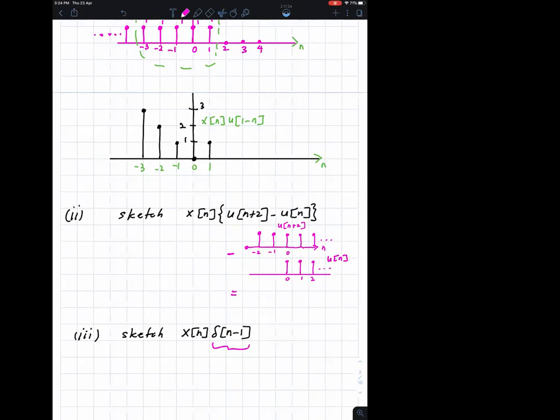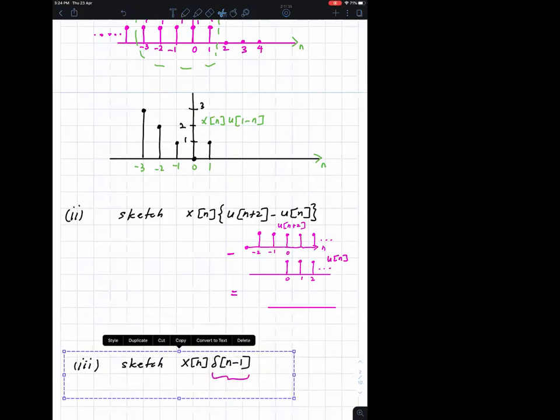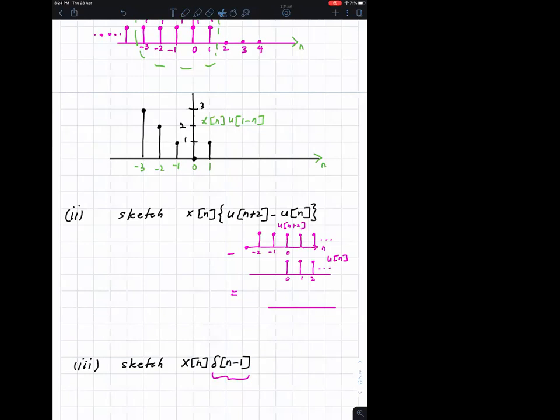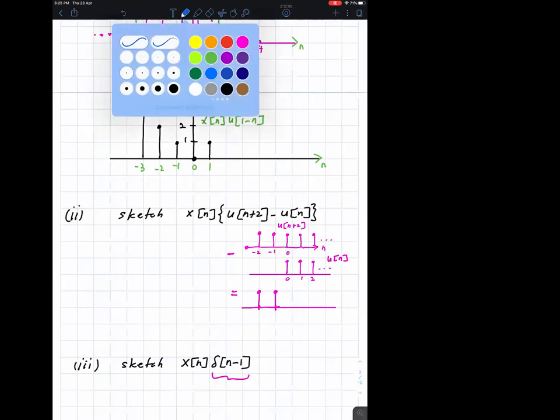You're going to end up getting what? All of them: minus 2, minus 1, 0. No, that's a mistake we make. 0 also you have, and they will cancel each other. You cancel each other, isn't it? At 0.